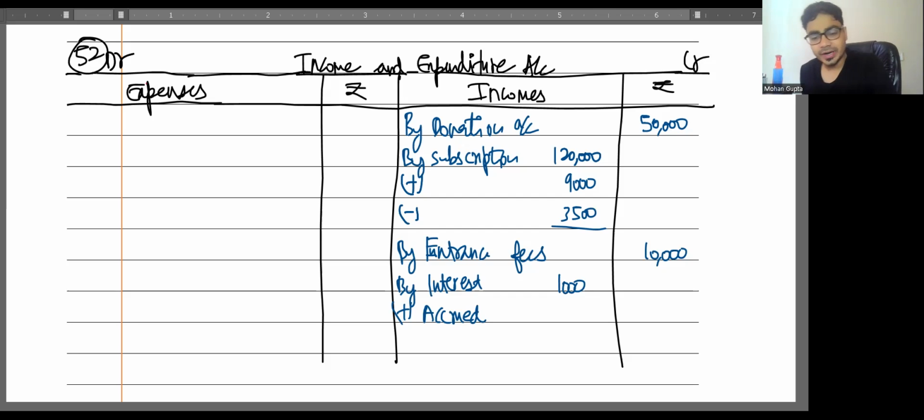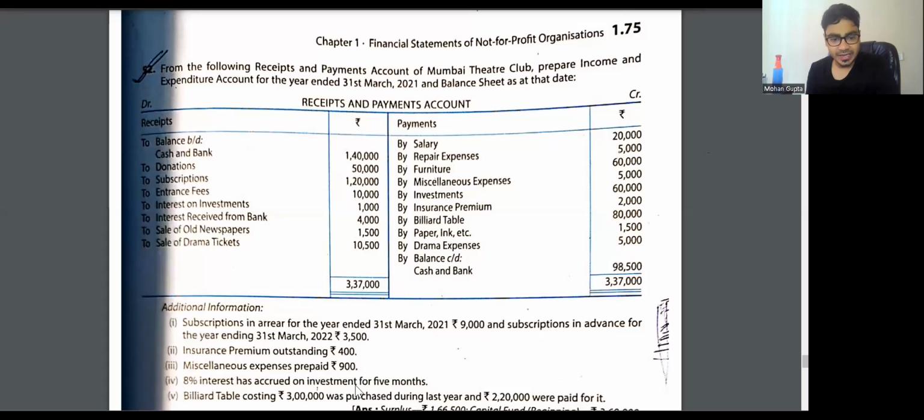So you need to find 8% for 5 months on the value of investments. It would be 8 by 100 into 5 by 12 into 60,000.